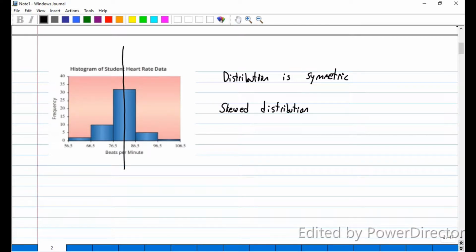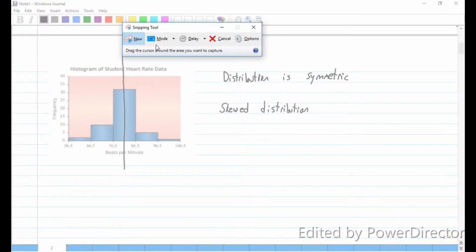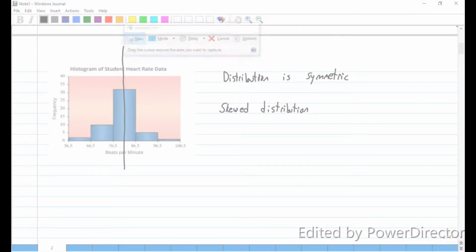So we can have something skewed to the right or skewed to the left. That's what those two slides are talking about, skewed to the right or skewed to the left. Let me show you a picture of, in general, the shape that would be made for each.